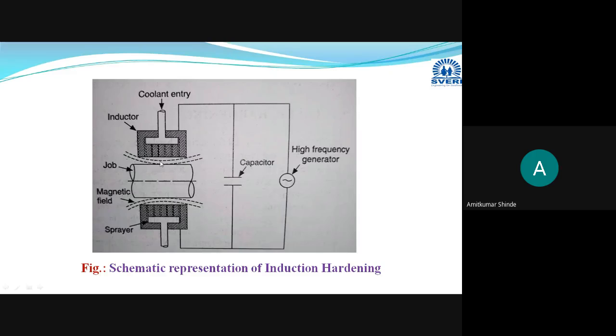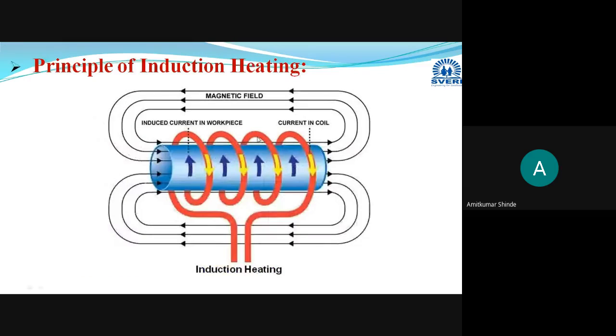Due to the electromagnetic field, eddy currents get induced, and these eddy currents will flow through the layers of the surface of your steel component. Due to the skin effect, one by one layer will get heated. How it is occurring, I have taken in this diagram. This is the induction heating, how the heating will occur.